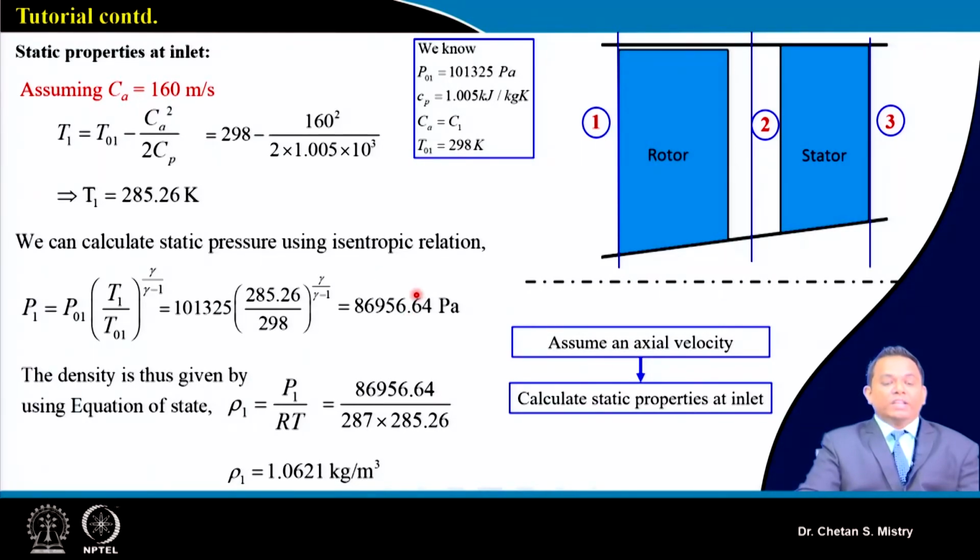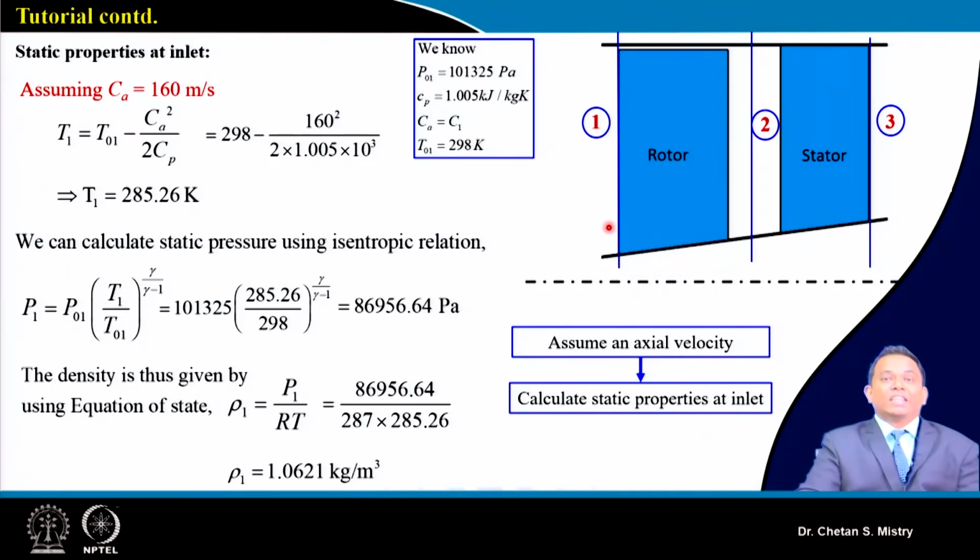Now, here, let's assume our axial velocity to be 160 meter per second. If nothing is given about how my flow is entering, we can safely assume our entry is axial.